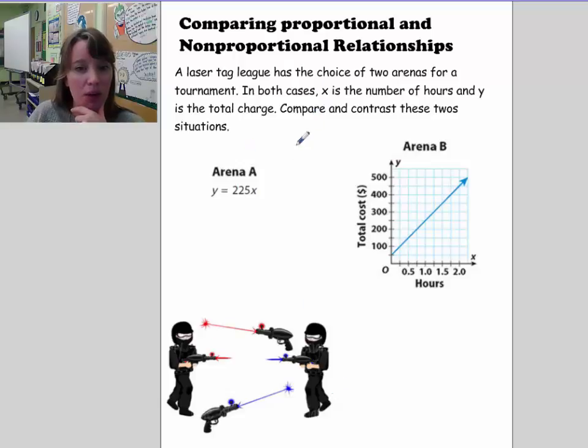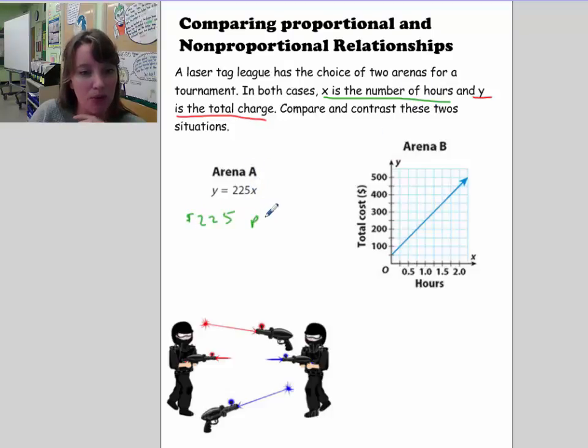For Arena A, the cost structure is Y equals 225 times X. So Y is the total charge and X is the number of hours. It seems like Arena A is charging $225 per hour, and there's no initial fee.